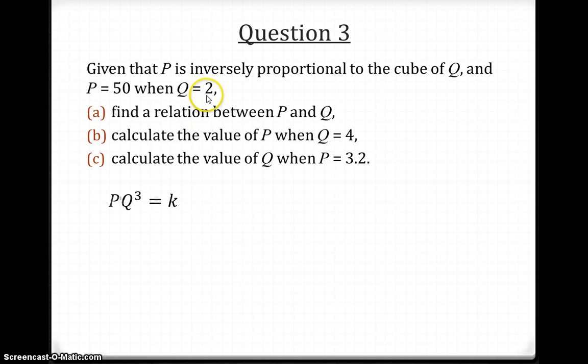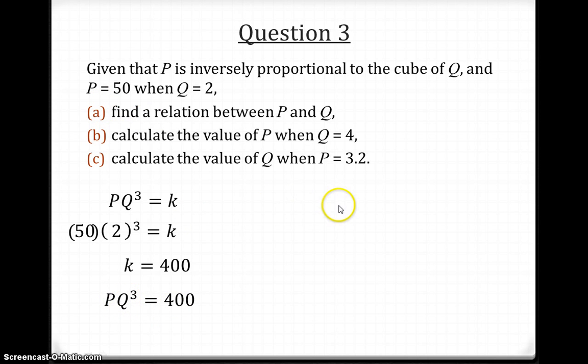They say inversely proportional to the cube of q, so you need to find p times q cube. Substitute the values given, 50 and q is equal to 2, but remember q is in terms of cube. So k is equal to 400, which means p times q cube is equal to 400.